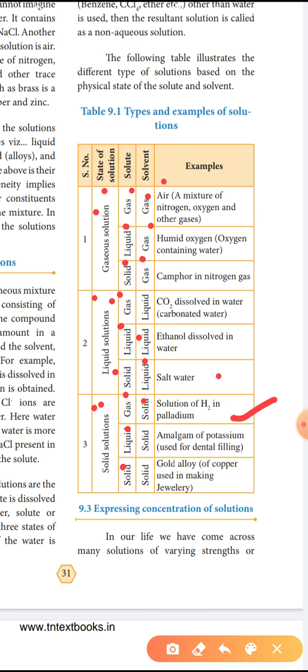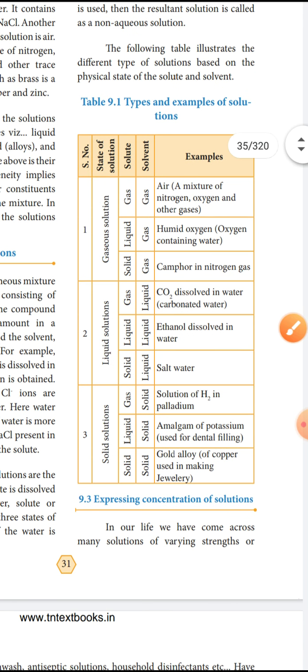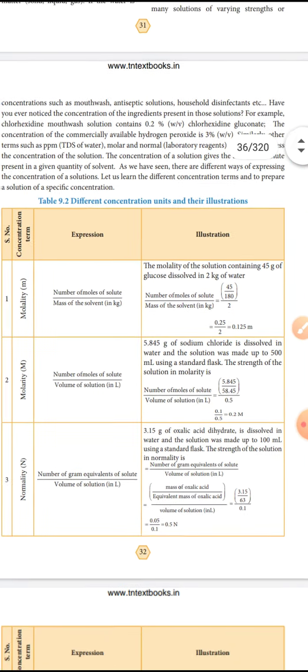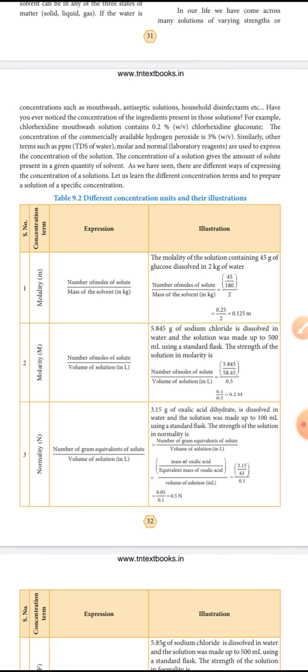Next one, expressing concentration of solution. In our life, we come across many solutions of varying strength and concentration, such as mouthwash, antiseptic solution and household disinfectants.